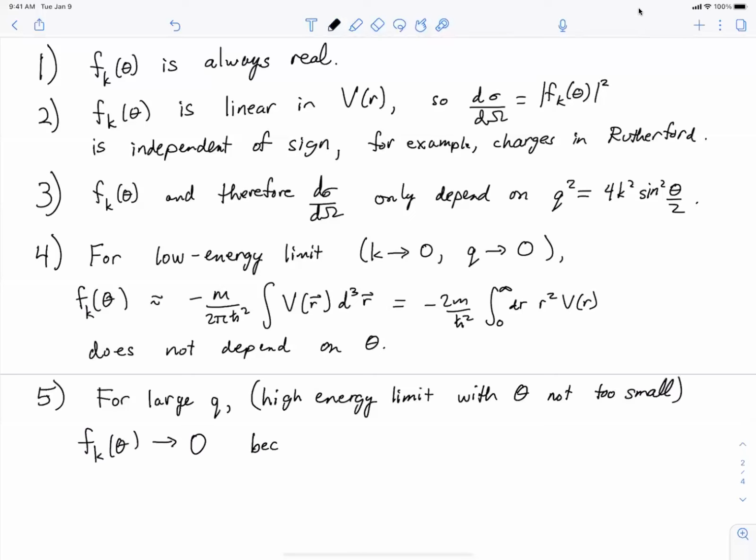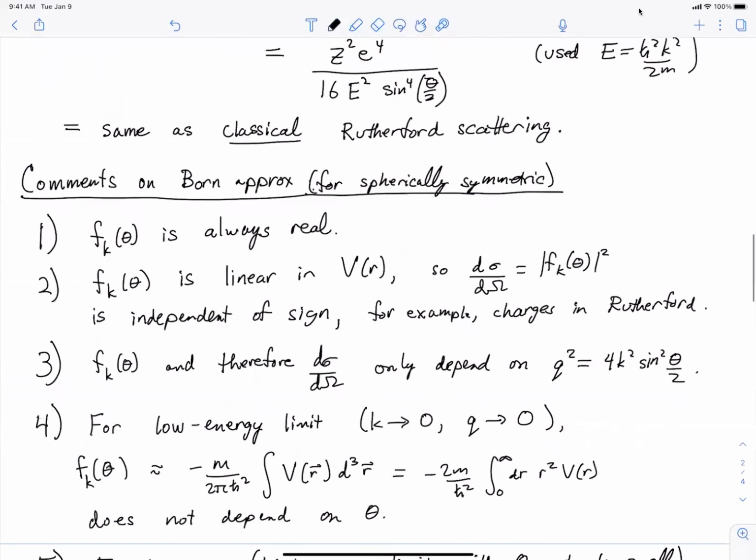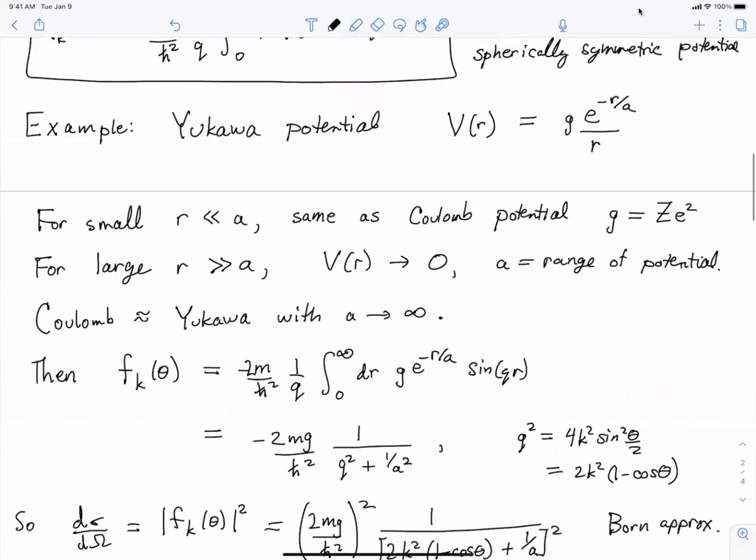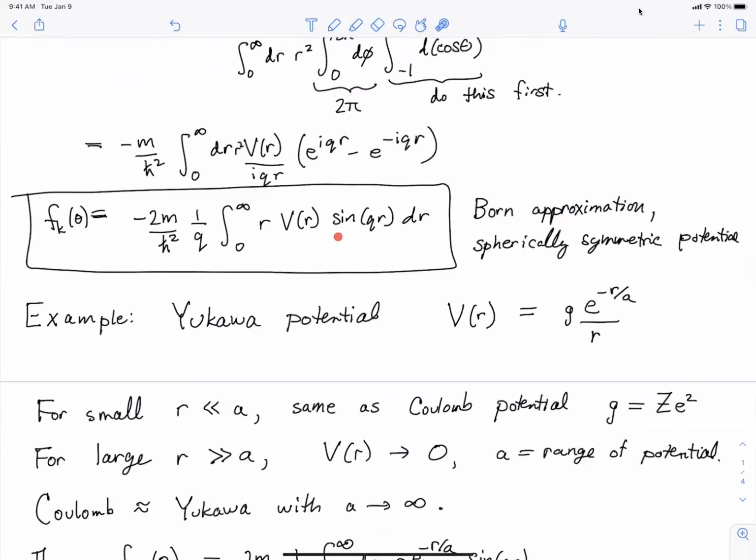The reason it's going to go to 0 is because of the oscillation of the integrand. Specifically, there's a factor of sine QR. If Q is very large, let's go back up to the formula. If Q is very large, then this sine function is oscillating up and down really fast as we vary R. And so if V of R is something reasonably smooth and not too contrived, this is just going to average to 0.